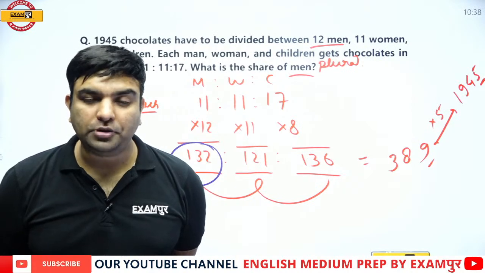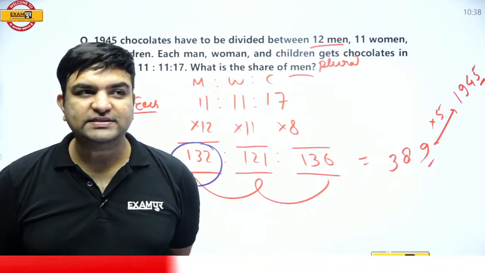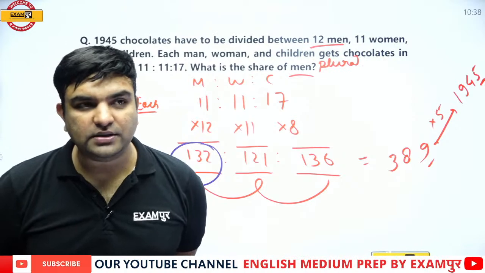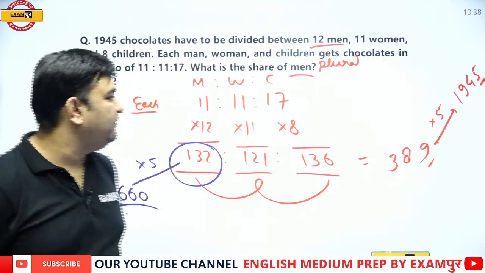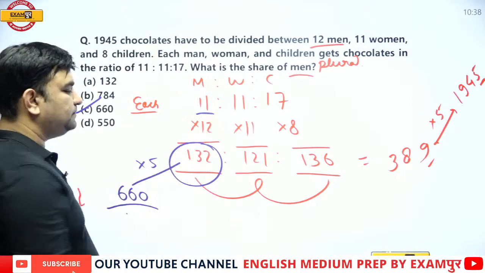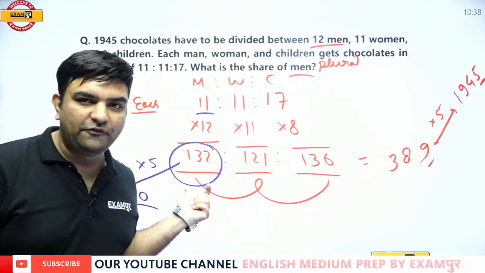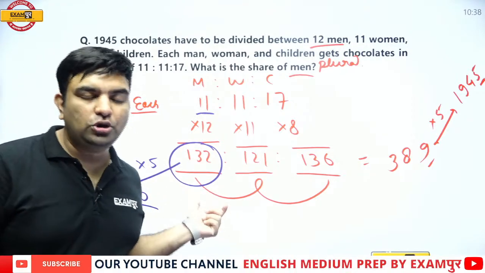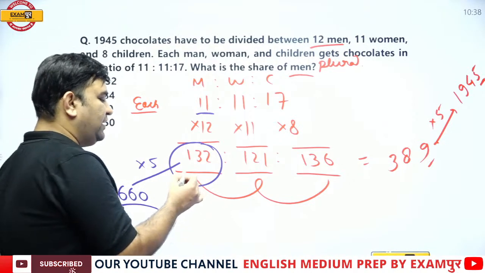Share of man means total share of man. Because if it was written share of each man, share of a man, then we would give the answer 11. But if they are asking the share of man, it denotes the total share of man. So total share of man is 132.